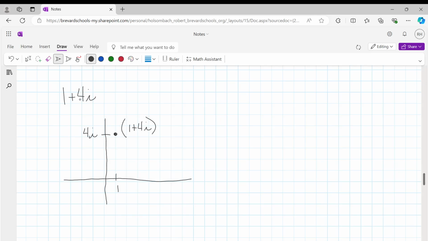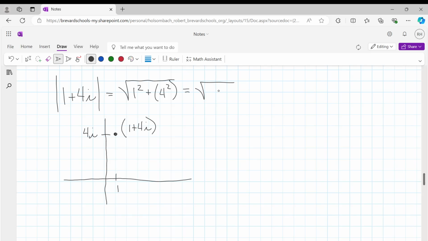And then if we have to find the absolute value of it, the absolute value of 1 plus 4i is going to be equal to the square root of the real portion squared plus the number in front of the imaginary number squared. So in this case, 4 squared.